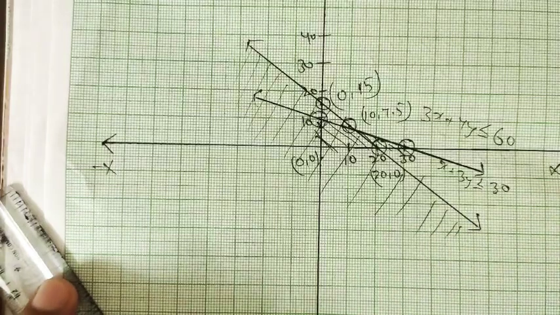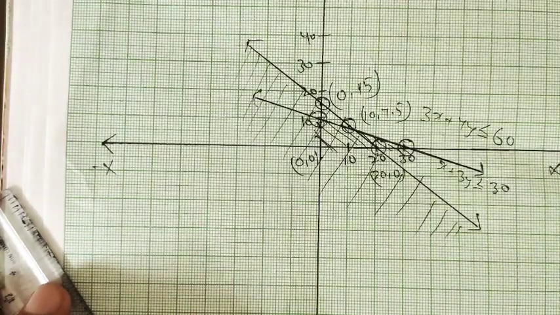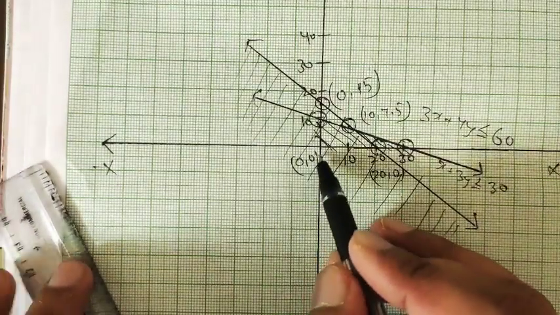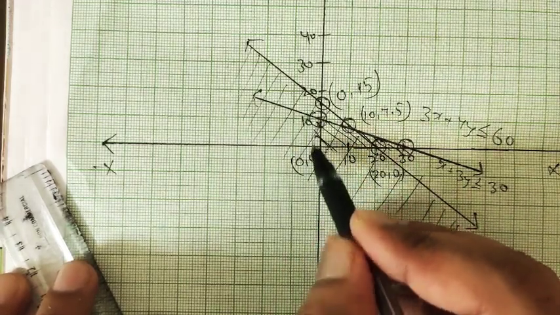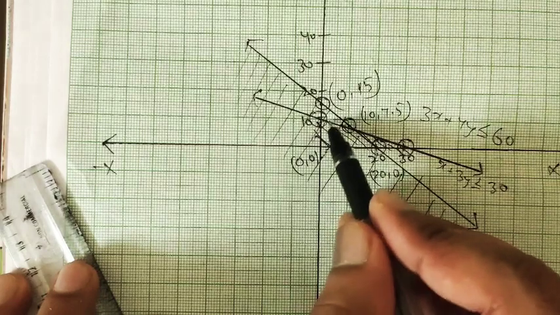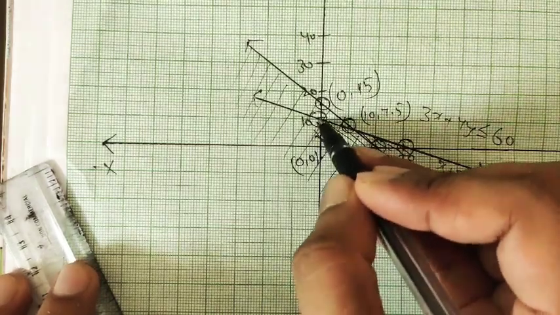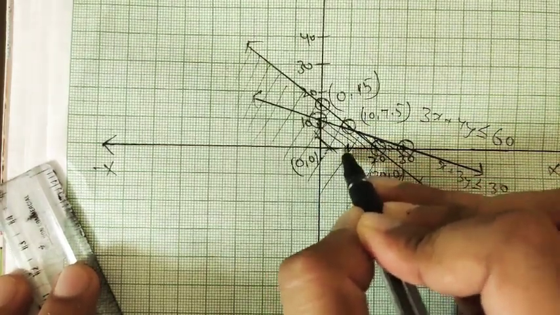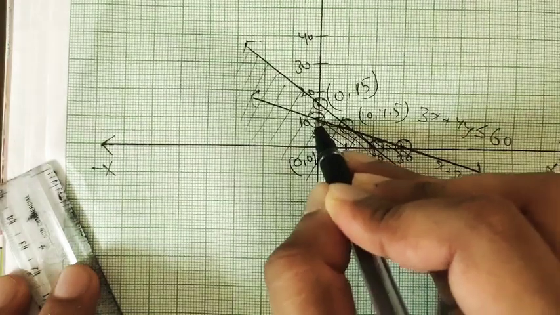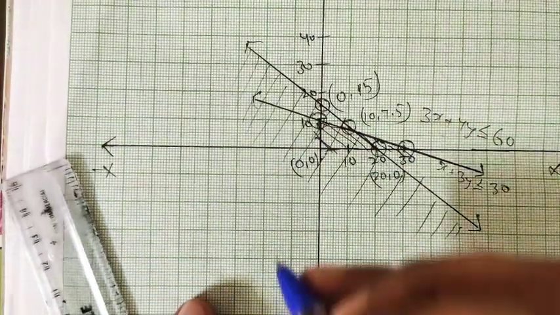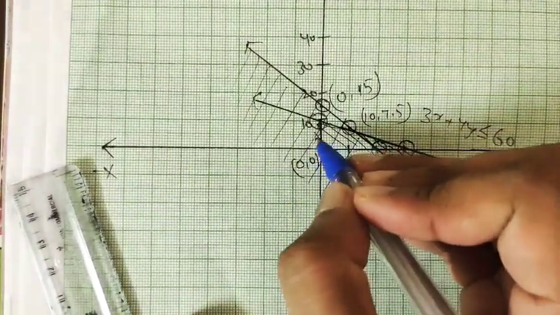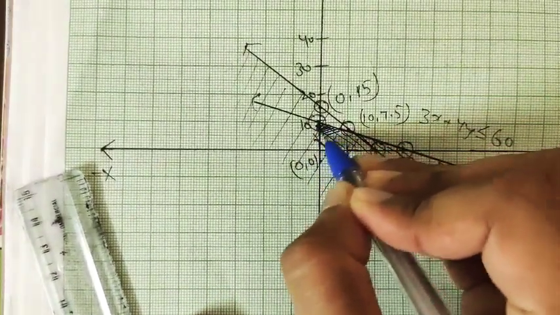Right? Next is x is greater than or equal to 0. So x is greater than or equal to 0, which is true, so the above part. y is greater than or equal to 0, so this is the right side part. So which is the required portion? This one. If I shade it using a blue pen, it will look like this, right?